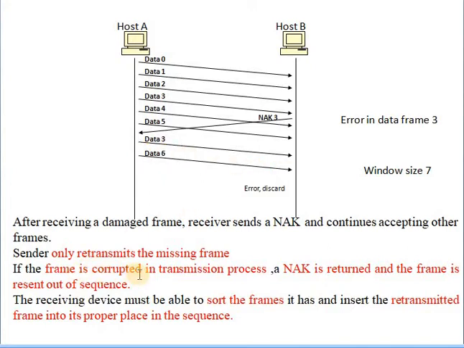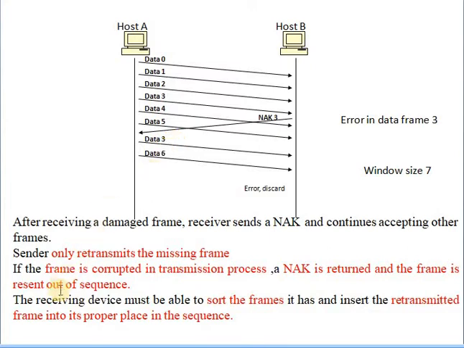If a frame is corrupted in transmission, a NAK is returned and the frame is resent out of sequence. Suppose there is an error in frame 3; it is resent out of sequence, meaning the sequence is not maintained: 0, 1, 2, 3 is damaged, 4, 5, after that 3 is resent, and then 6.